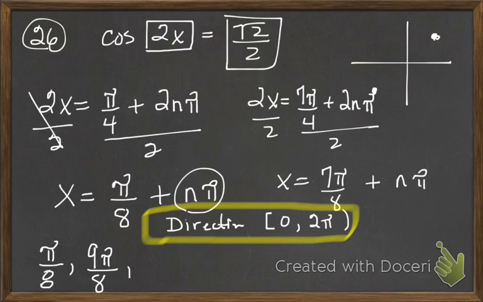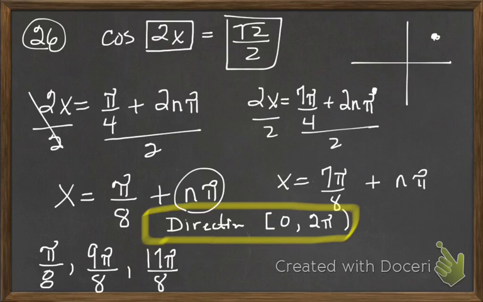Okay? And then let's add another pi. So 9 pi over 8 plus another pi, that'd be 8 over 8. That would be 17 pi over 8, but I can't use 17 pi over 8 according to my directions. Why can I not use 17 pi over 8? It's more than 2 pi.